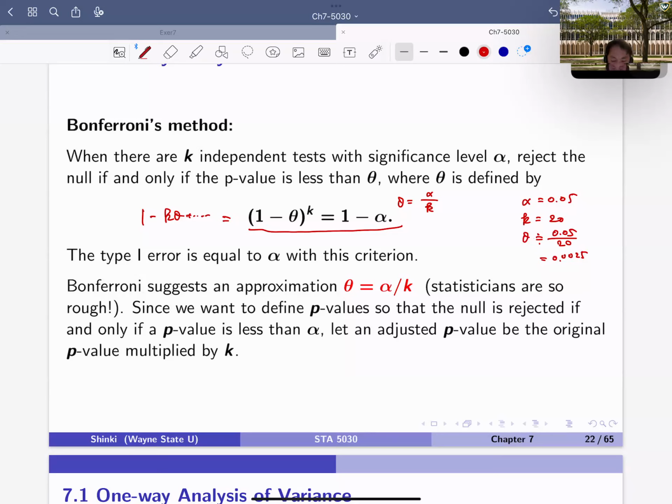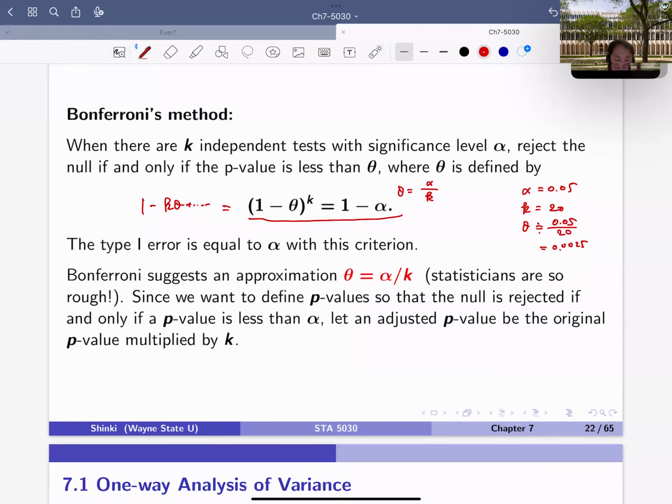So that is a reasonable threshold for each test, because if we have one test, the probability that we don't reject the null hypothesis is 1 minus alpha. If we have k tests and set the threshold for each test at theta, then the probability that all tests do not reject the null hypothesis is 1 minus alpha.